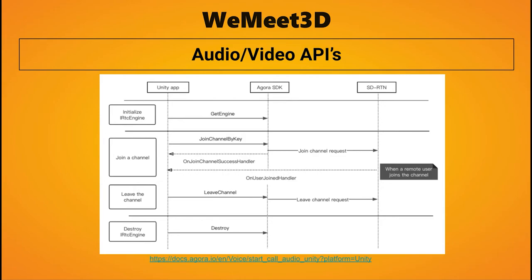If another user joins within the same channel name, the onUserJoined handler callback will be called, which will allow users to see each other within the same channel name. If a user decides to leave the meeting, the Leave Channel API function will be called, removing the user from the meeting room and destroying the IRTC engine.